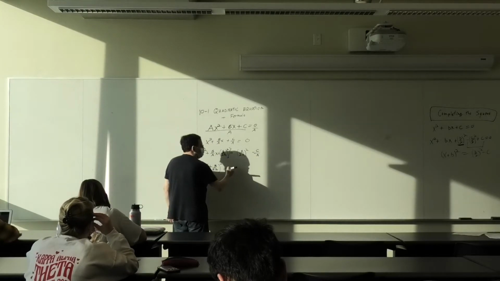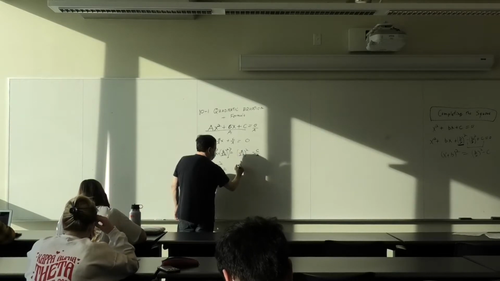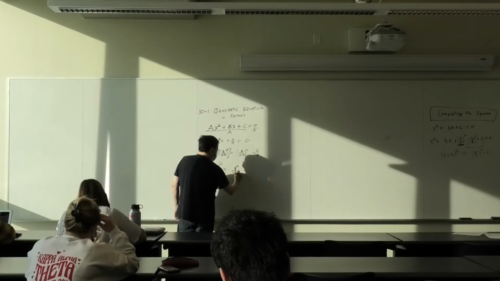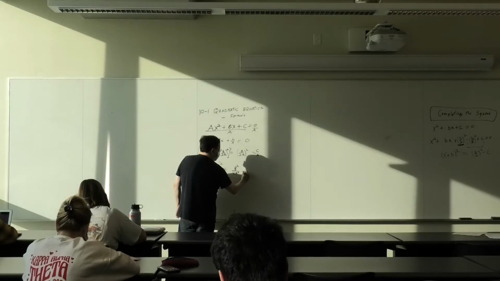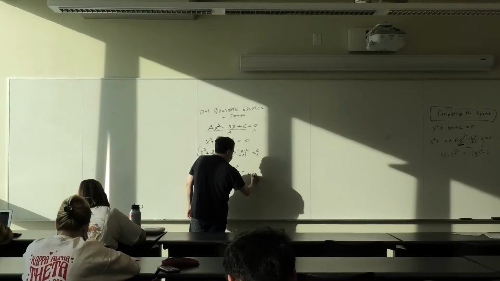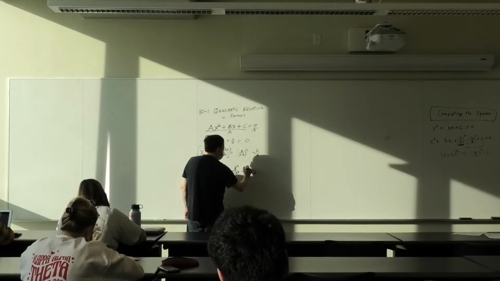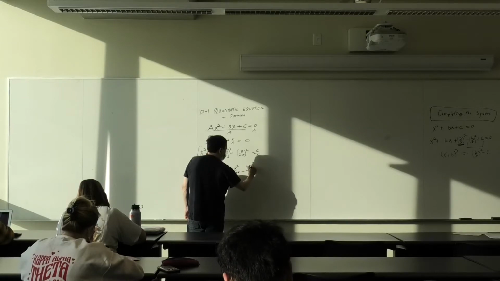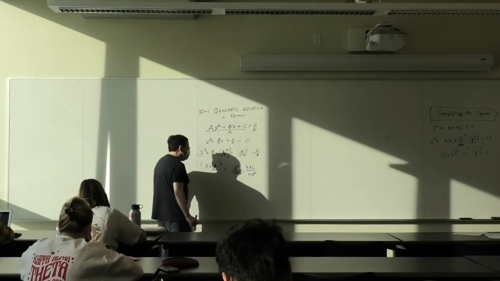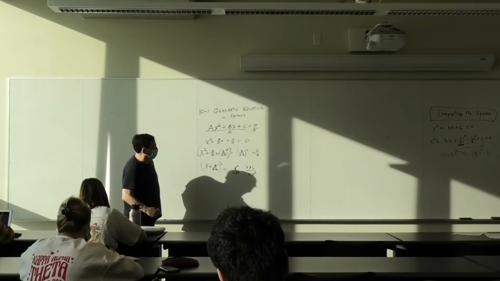I'm going to go ahead and apply the 2 here, b squared over 4a squared. And I might as well put it over a common denominator, so I have to multiply the top and bottom by 4a. Now what I want to do is the same thing I did when I was solving my other problem.